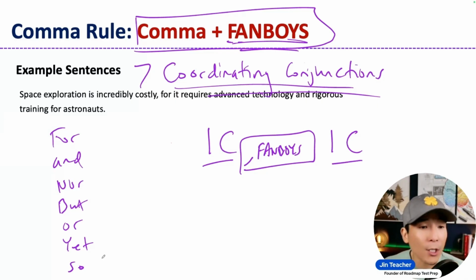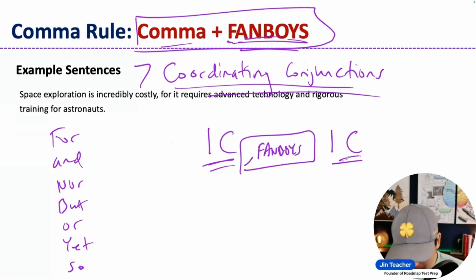This is important to know because you can combine a fanboys word with a comma. A comma plus a fanboys word can be used to connect 2 independent clauses. So if you have 2 complete sentences, instead of putting a period or a semicolon, you can use a comma, but you also have to combine it with a fanboys word.